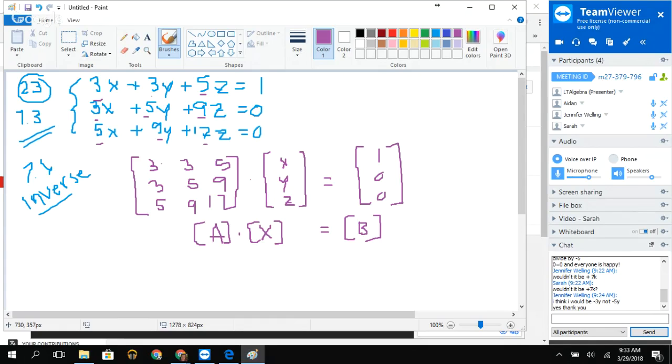This looks a whole lot like an equation where we could solve for X. Now, in our algebra history, we might just divide by A, if we could do that. But we can't do division with matrices. So our other option, instead of dividing by A, is to multiply by the inverse of A, which is what we spent a lot of time in 7.6 figuring out.